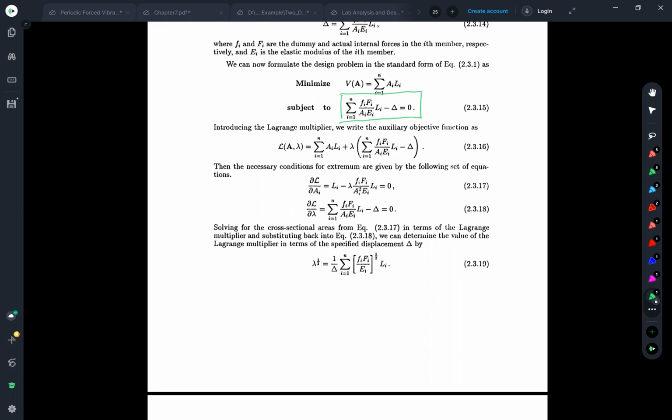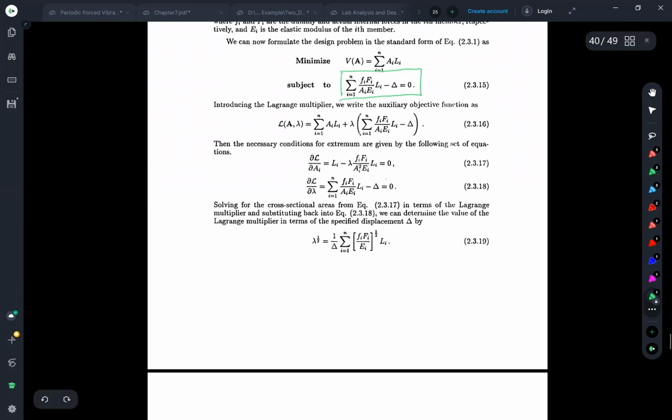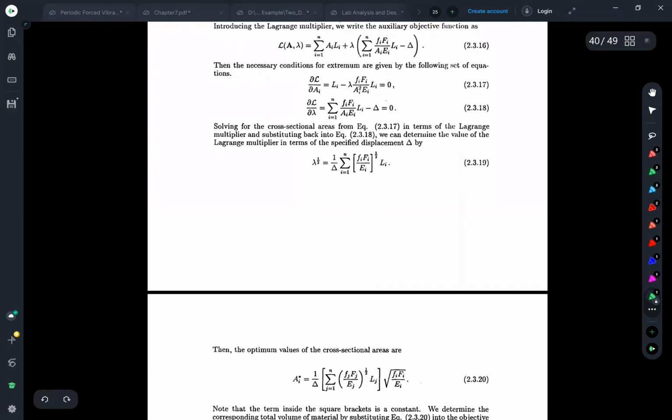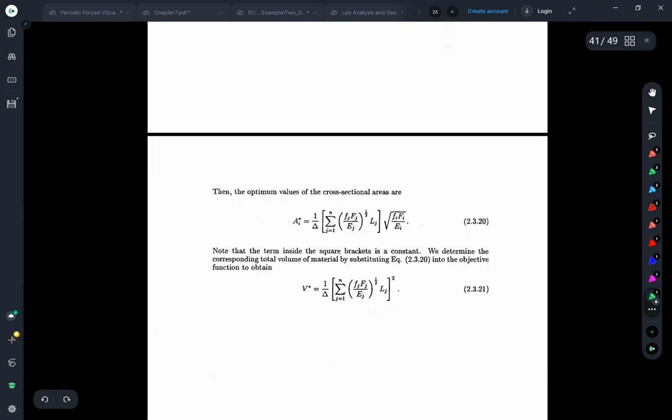This is the solution after solving both equations. You obtain 2.3.19 for lambda. This is lambda star, right? This is a stationary point already. And A_i star equals this amount. Without the proof of the sufficient condition, actually you need one more step, right? About the sufficient condition.